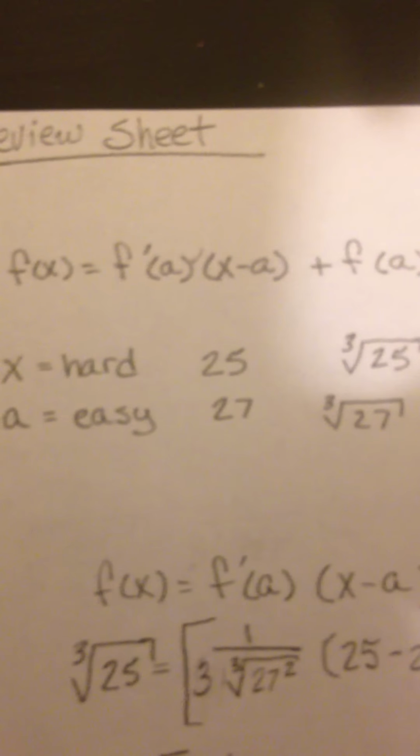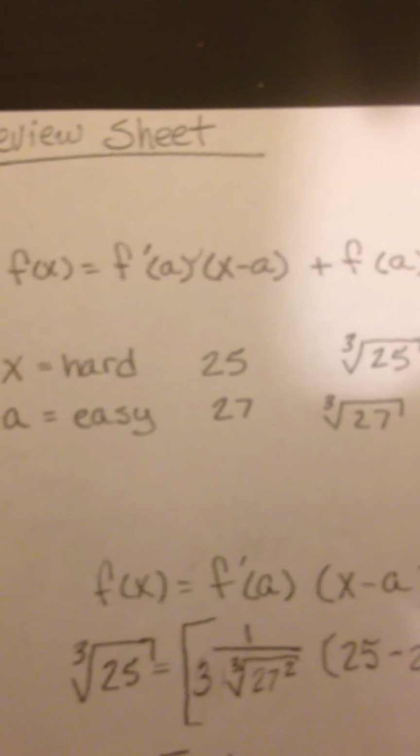Well, our f of x, which is what we found right over here, our function. Alright, so from the function we can see that x is 25. So over here x is what's hard, which is the 25. So for an a, try to find something that's easy and close to 25 that you know.